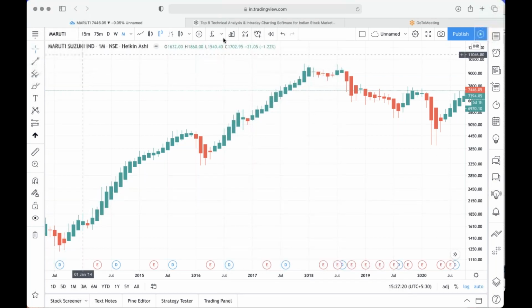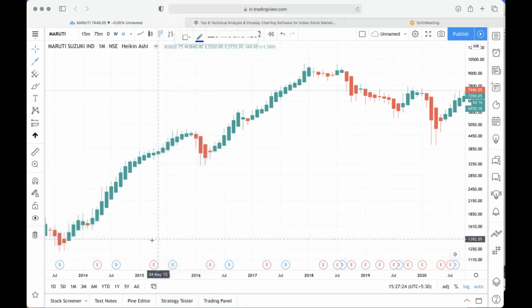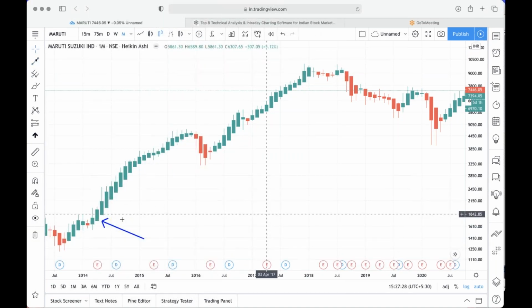And I would like to bring your attention to this particular Heiken Ashi candlestick. This was the month of April 2014. And over here, it has created a green Heiken Ashi candle without a lower shadow.